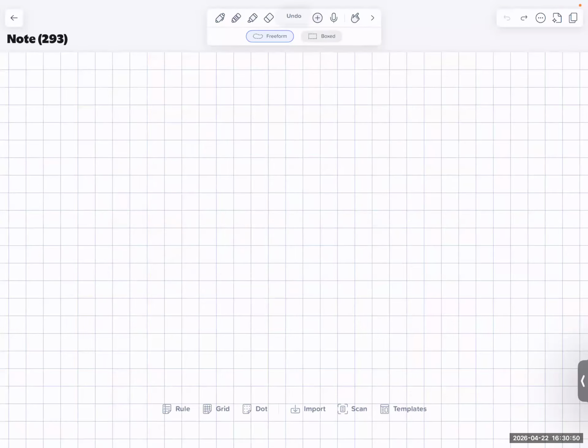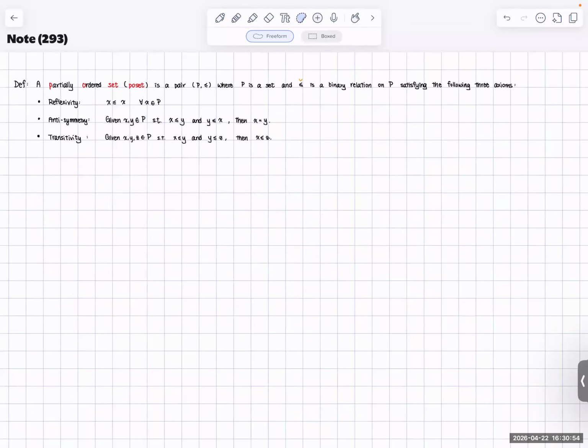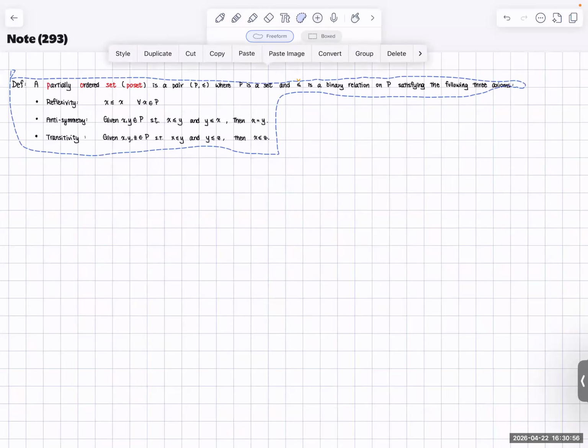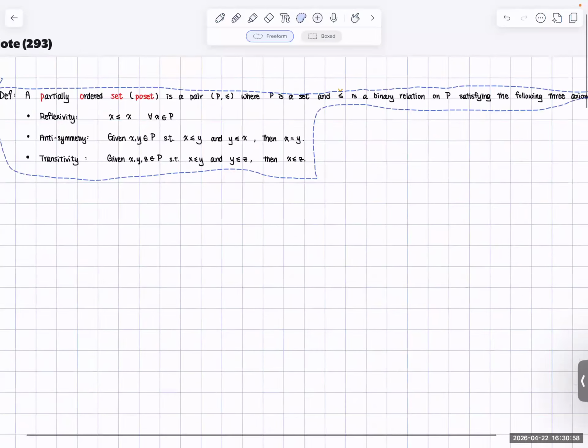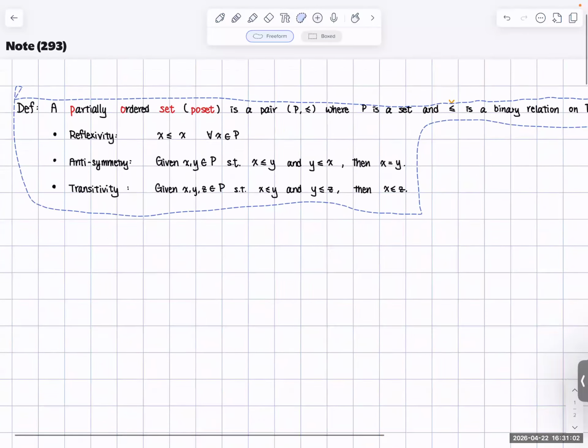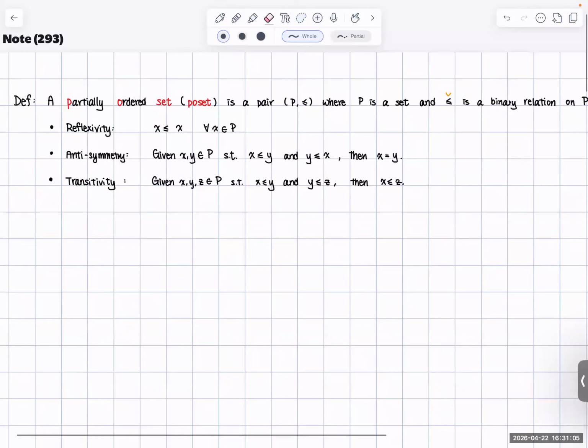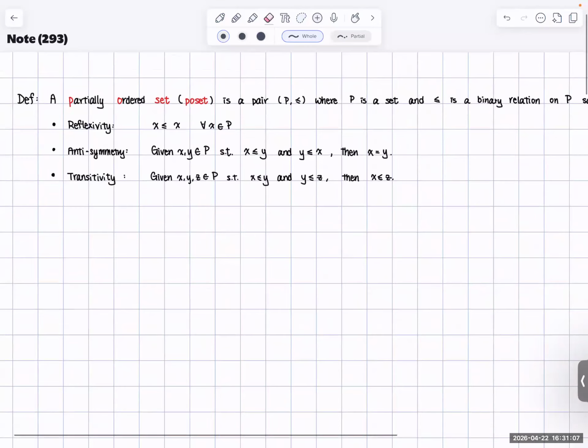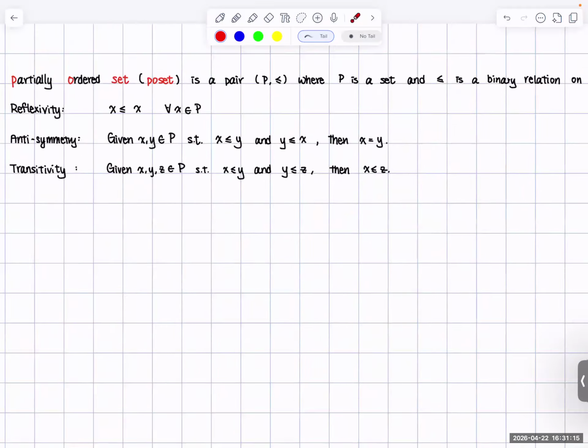I just copied it from my notes. So let's see here. Just let me know if you cannot see it. Is it big enough for everyone? Yes, it's fine. Okay. Actually, if I may interrupt, on the right side, it's getting a little cut off.